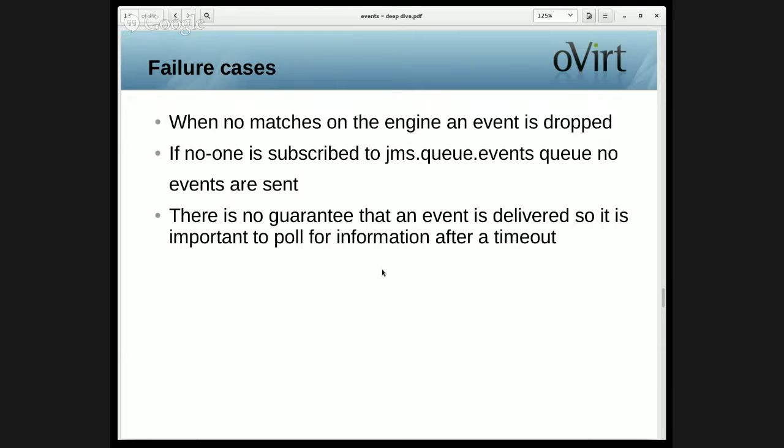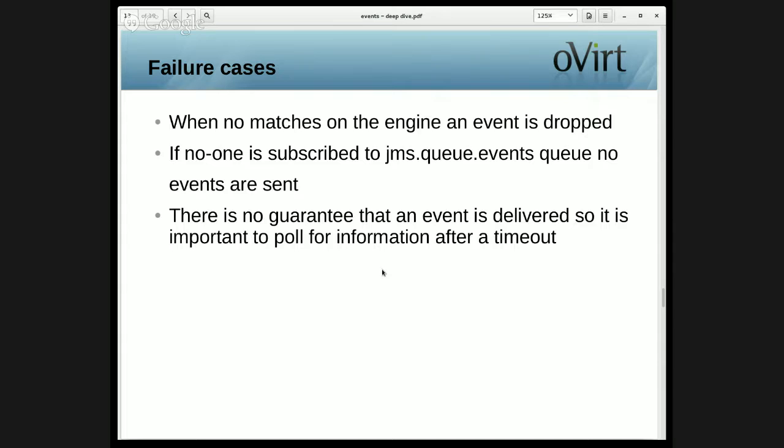There are limitations to the implementation of the subscription ID. First of all, if there are no subscribers for a particular event, the event won't be delivered. Once the event arrives at the engine side, we try to match it to subscribers based on the subscription ID. If there are no subscribers, the event will be dropped, and nothing will happen.